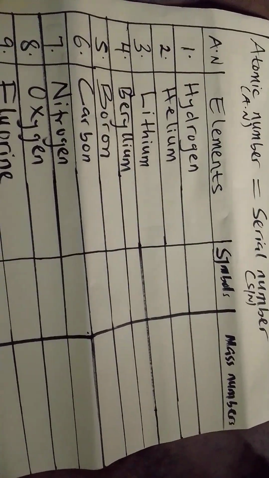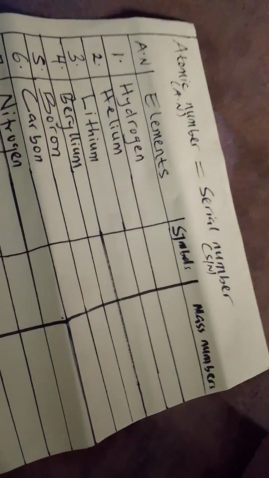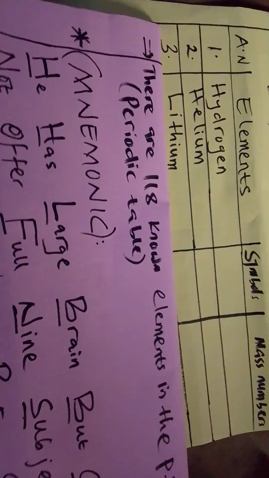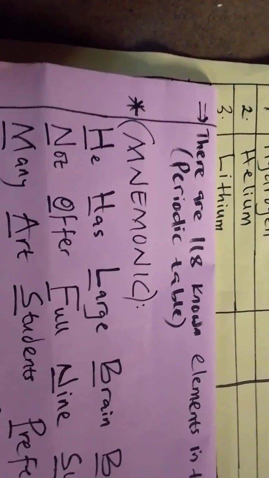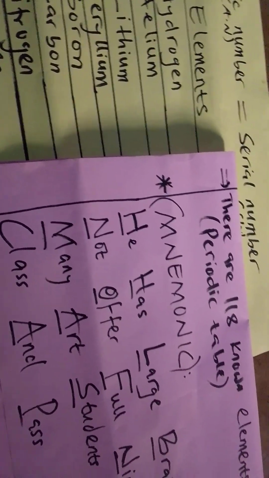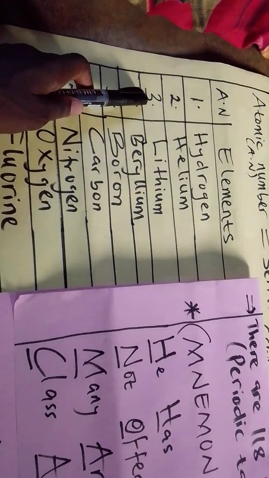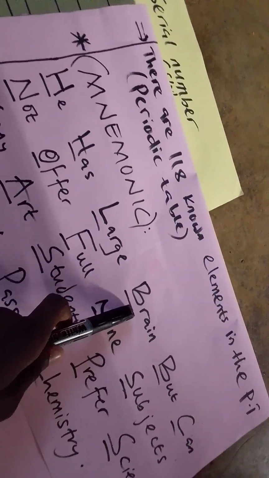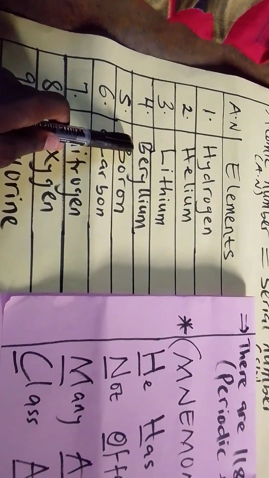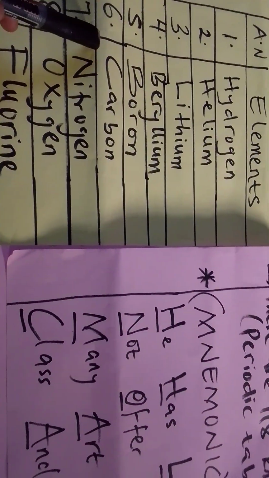So now, if you could remember from our previous mnemonic, we have He, and if we take the first letter H, it will form what we know as hydrogen. Then we have Has, and this we can make to be helium, and Large, we take to be lithium. Also, Brain, take the first letter B to be your beryllium, take the B for But to be your boron. Also, take the C for Can to be your carbon.